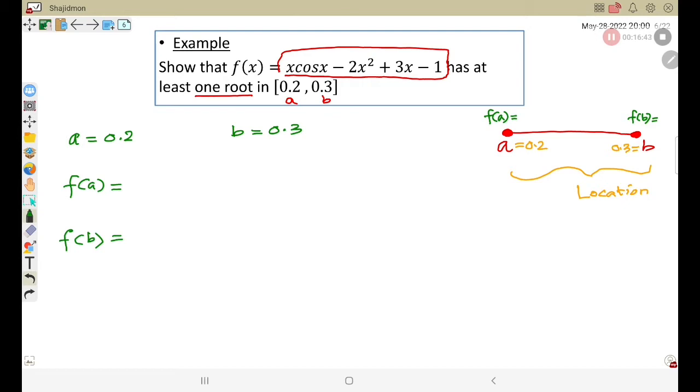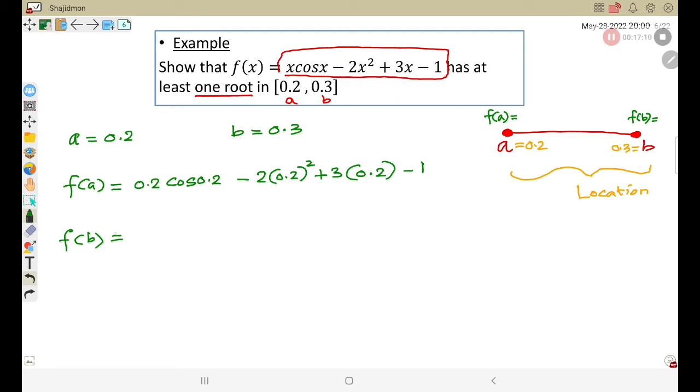For that, first you substitute the a number into f of x. The a number is 0.2, so for x you substitute 0.2: 0.2 cosine 0.2 minus 2 multiply 0.2 power 2 plus 3 multiply 0.2 minus 1.